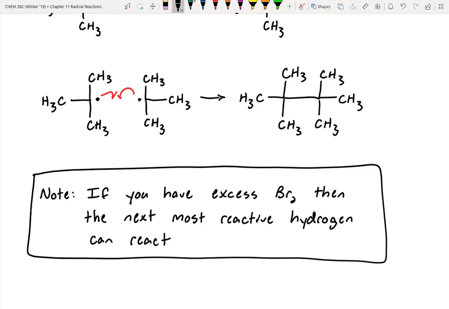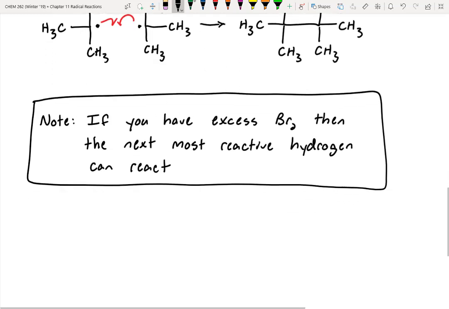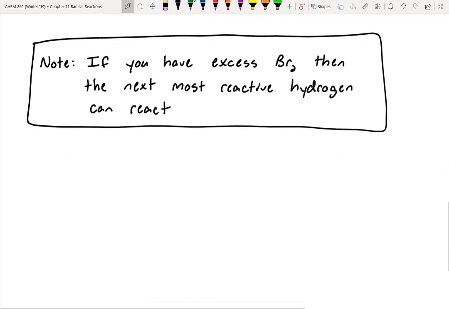It's not super likely that it would occur unless you were to aggressively push this reaction by flooding it with an enormous excess of bromine. Does that make sense? But let's say you had 2 tertiary positions and you added excess bromine. It could be very likely that you would halogenate both of those tertiary positions and get your dihalogenated product. I will show you another example, though.